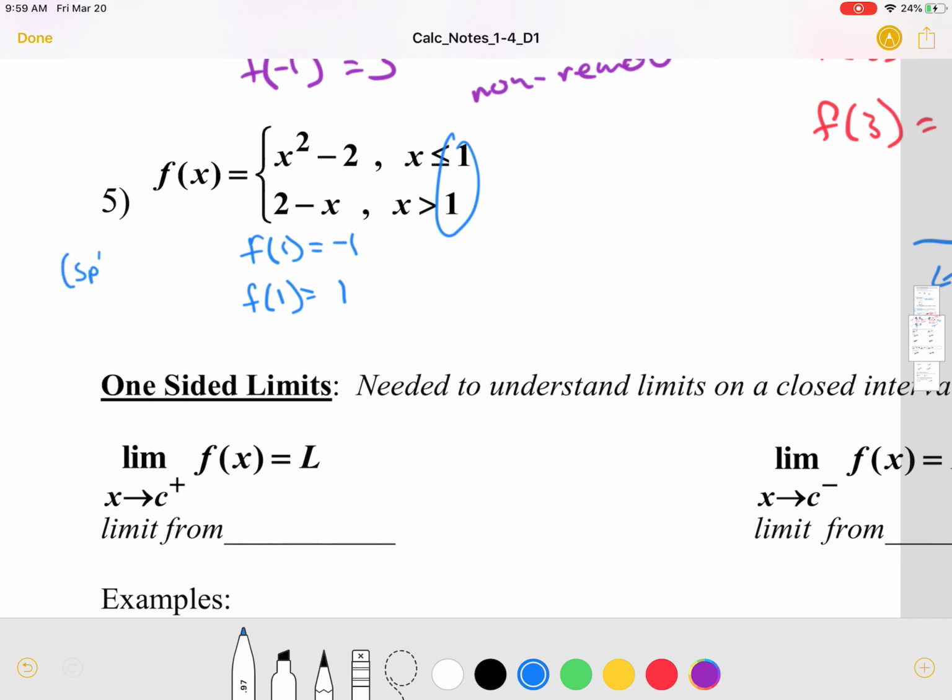We got a split. Okay, so it's not continuous. Not continuous at x equals 1. And again, there's nothing we can do to this. It's a split or a vertical asymptote. Remember, it's non-removable.